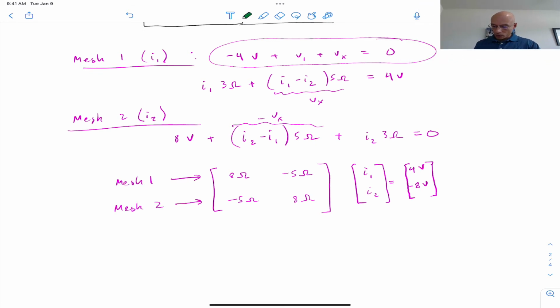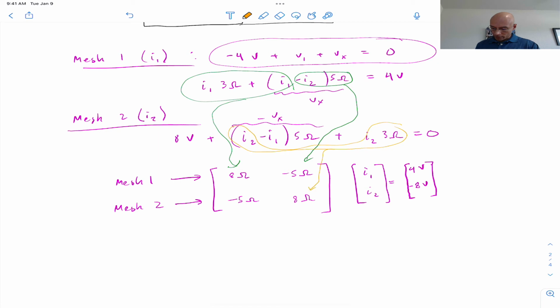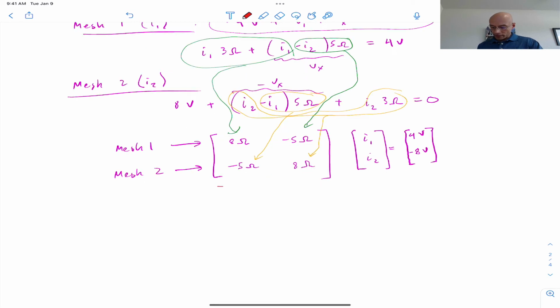For mesh 1, we have a negative 5 times I2, so that gives us this term. We have an 8 I1 that gives us this term. Similarly, for the second equation, 8 I2 gives us this term, and then negative 5 I1 gives us that term. When I solve this, I'll call this an R matrix.